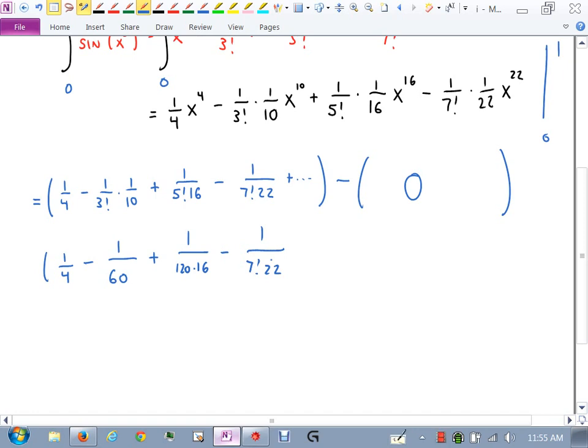1 divided by 4 plus 1 divided by 60 plus 1 divided by 120 times 16 minus 1 divided by 7.